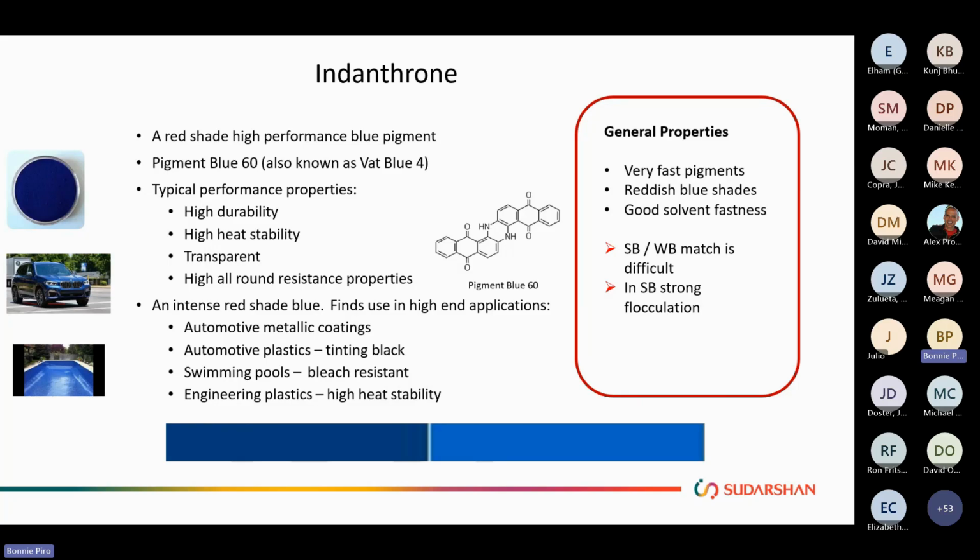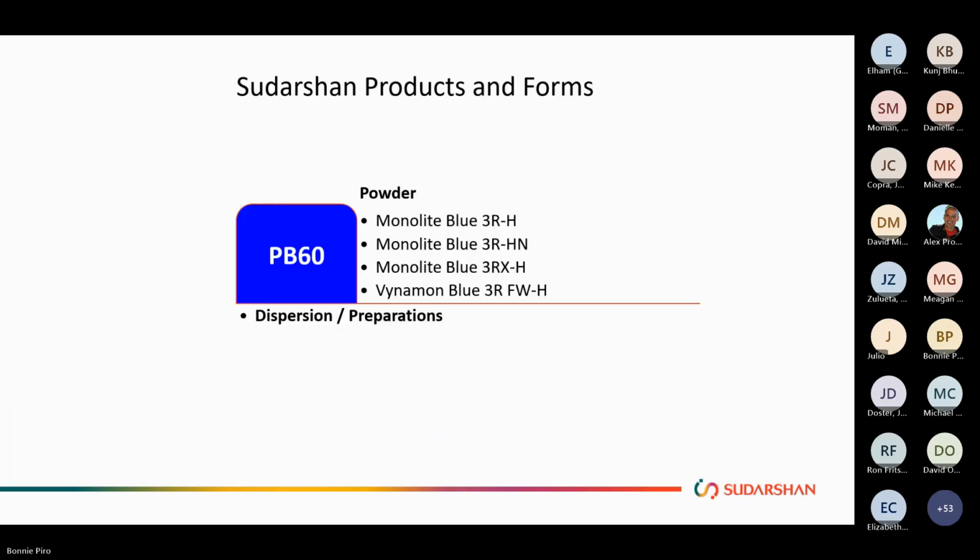And its high heat stability makes it very useful with respect to engineering plastics that are processed at a higher temperature. From a product offering perspective, this shows up for Sudarshan in the powder form in a number of different application areas.